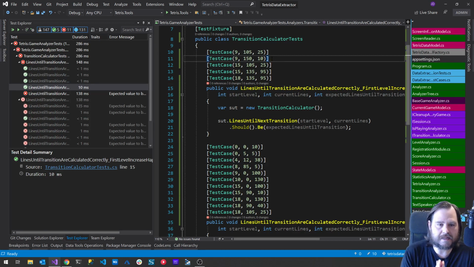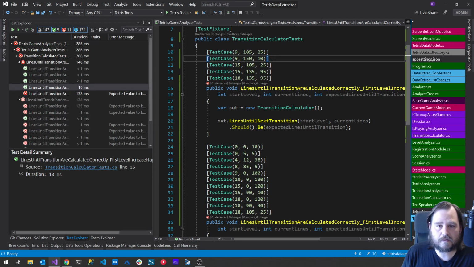Once you start at 10, things don't make sense anymore. Because at 10, you transition to 11 at 100 lines, but at 9, you transition to 10 at 100 lines. And so I think that's what the issue is.